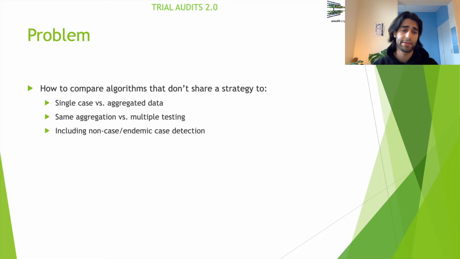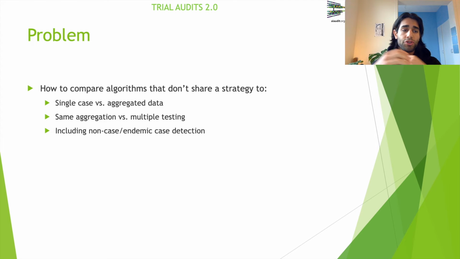And finally, something that I haven't talked about yet, is that algorithms usually don't explicitly model seeing no case at all, or seeing cases that are not part of an outbreak, which we call endemic cases. But some do, and how do you take this into account in your scoring strategy?